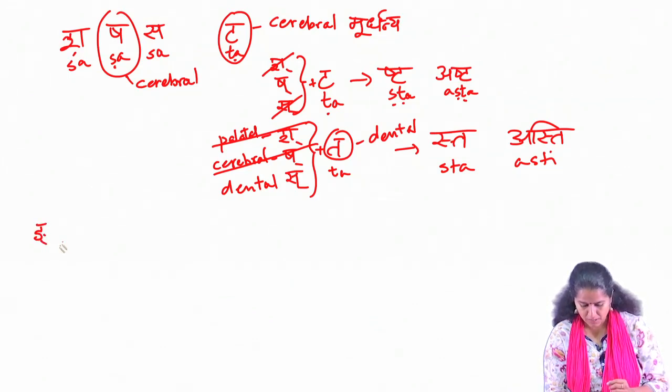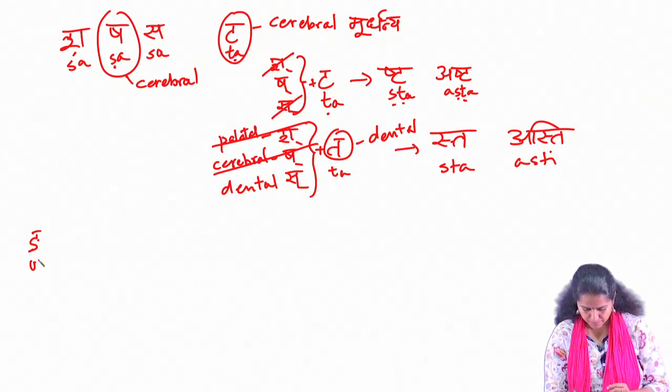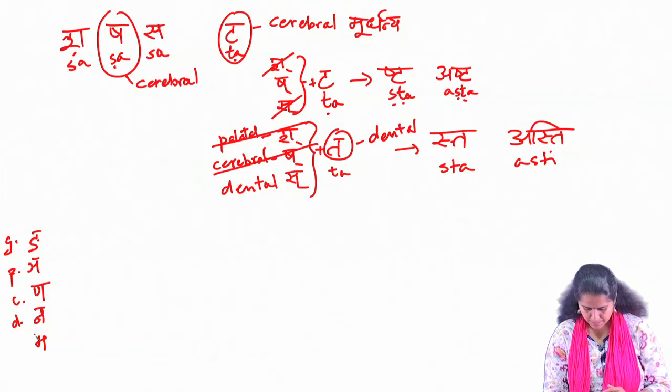So we have the ng, the nya, so that's the guttural, that's the palatal, that's the cerebral, that's the dental, and that's the labial.